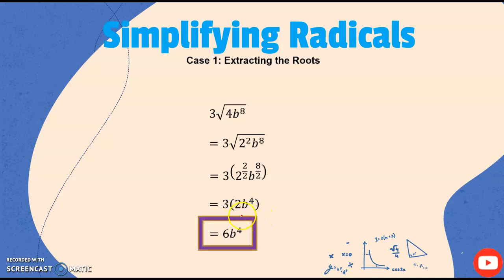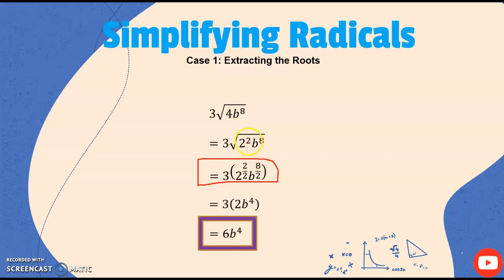Now, sir, is it necessary to follow this part of the solution? My advice is, if you're familiar, if you've mastered the process, you don't have to. What I mean is if you can take it just by looking at the expression.